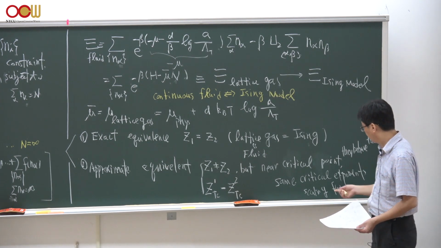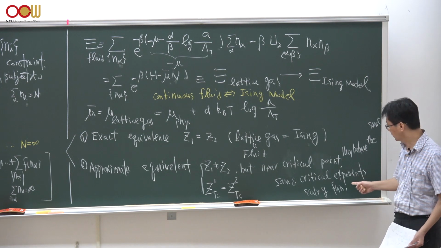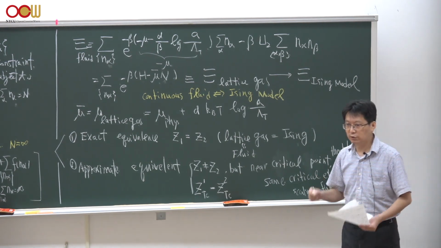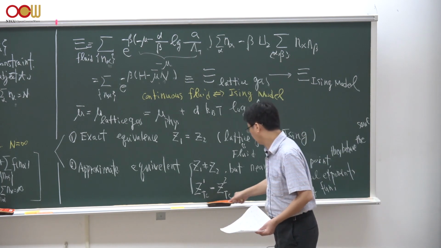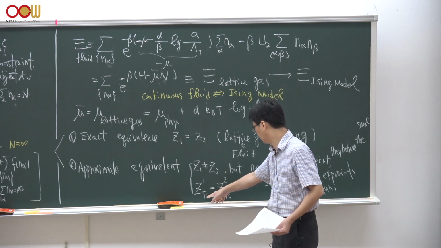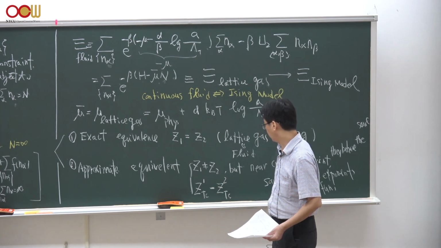Namely, they have the same critical exponents, and they have the same scaling function. They have all the same critical properties. So that is what I say here: Z1 is not equal to Z2, but near this Tc, Z1 is the same as Z2.